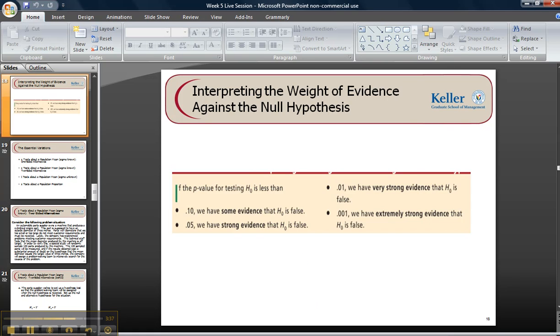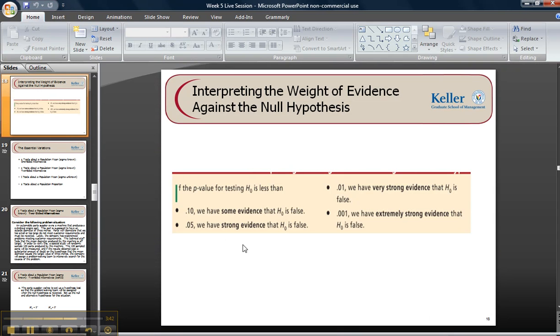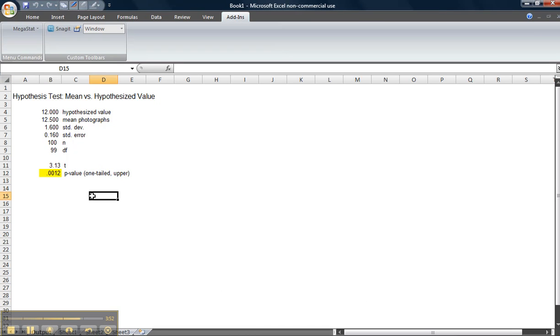So I'm looking at my p-value. My p is 0.0012, what's that less than? Is 0.0012 less than 0.1? Let me write it over here. Your normal values are 0.1, 0.05, 0.01, and 0.001.